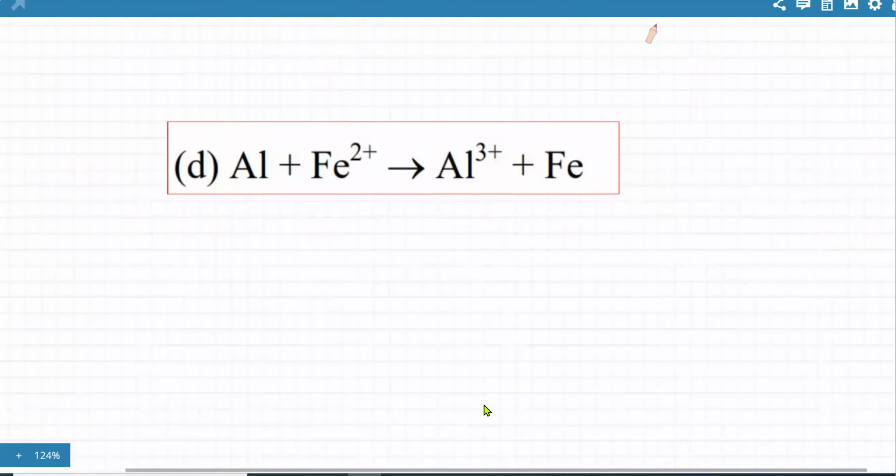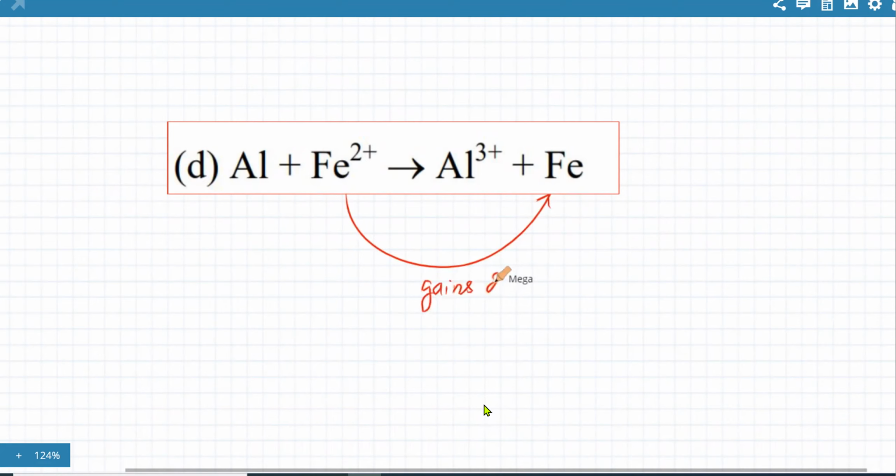Quickly tell me who's losing electrons, who's gaining electrons, which one is getting reduced? Iron. Okay, so Fe's charge reduces, so that means it gains 2 electrons, right? And Al's charge is increasing, so that means it lost exactly 3 electrons.